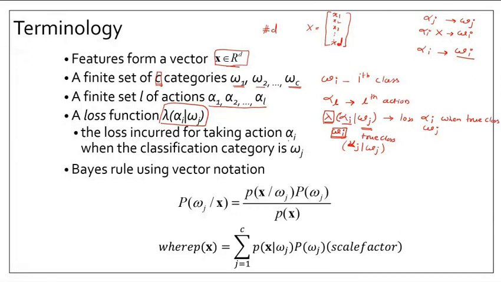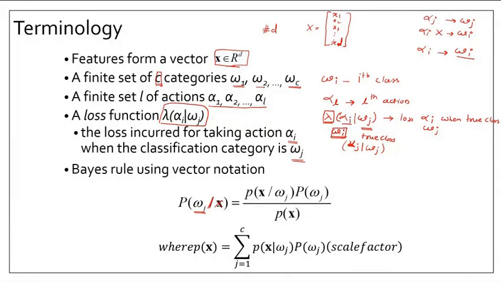So this is the loss, as I said, when I take action alpha i when the true category is omega j. Now this is the generalization of the Bayes rule, or Bayes equation, where you can see the posterior probability: probability of omega j given x.